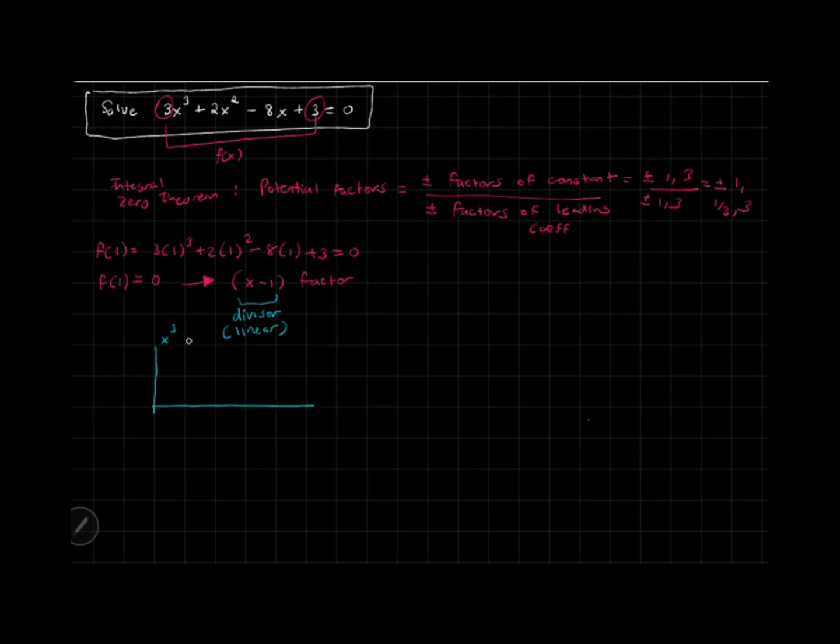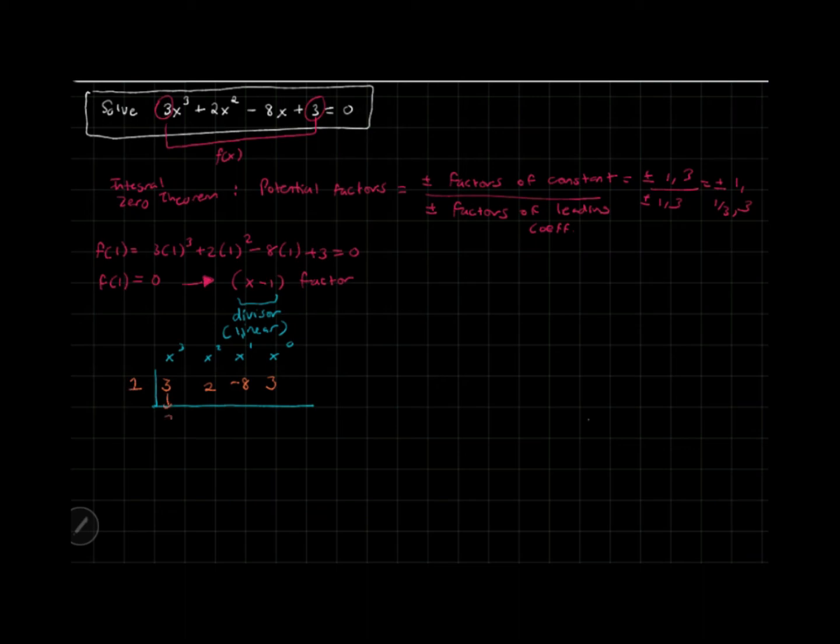So this is x cubed, x squared, x to the power 1, x to the power 0. You literally have to put some coefficients here; I just use the terms up top for bookkeeping purposes. You have a 3, a 2, a -8, a +3, and your factor here is the 1.